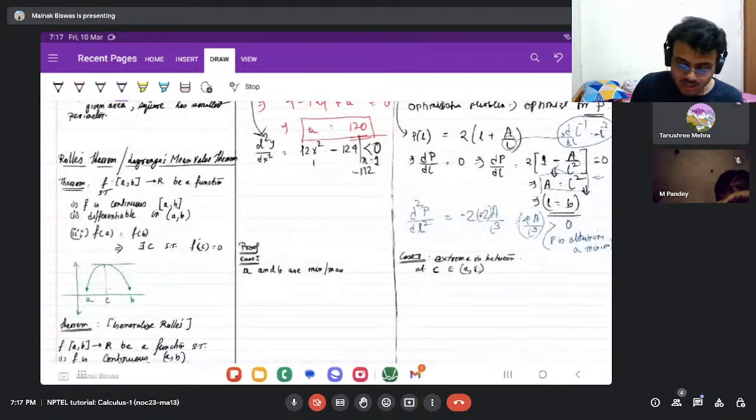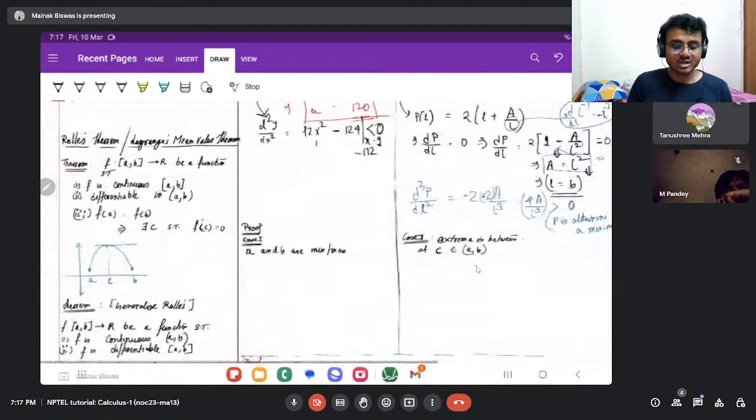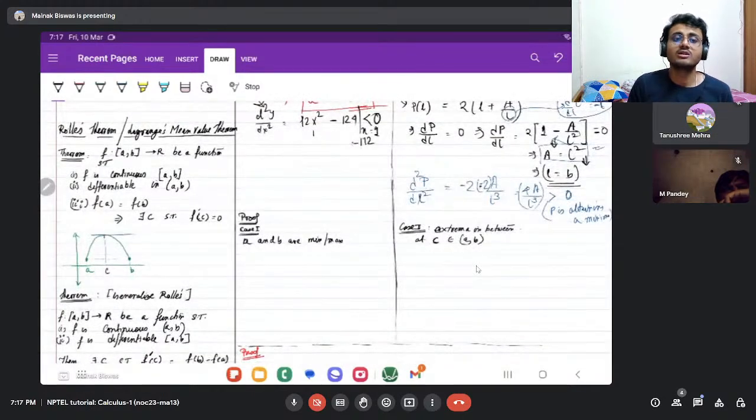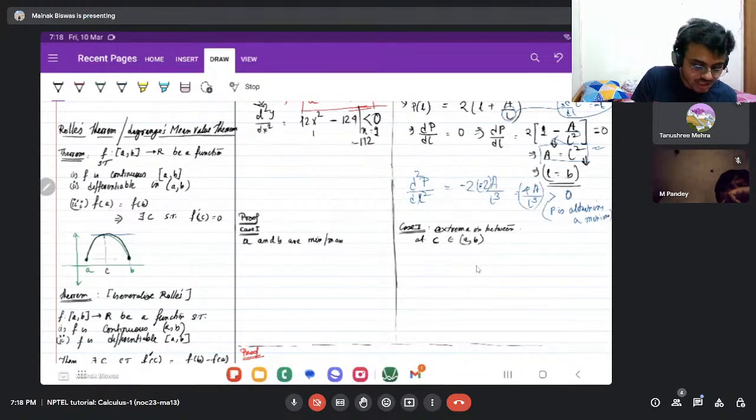Now let us go to some applications of derivatives. Some theorems. These are very popular theorems known as Rolle's theorem and the Lagrange mean value theorem. What does it say? Visually it's very easy to understand. If you have a differentiable function, right? There should always be a C such that the derivative at that point is zero.